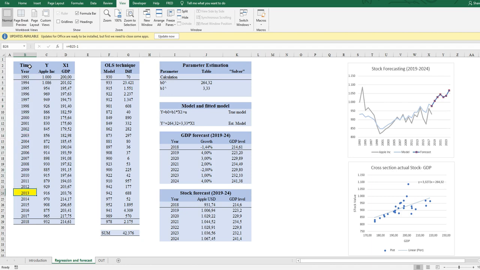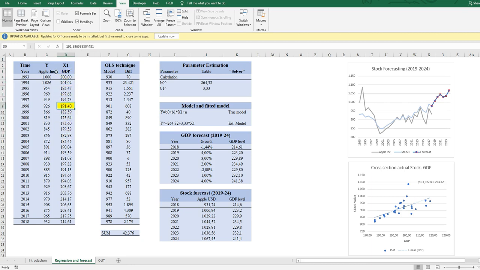Except for the dates, all numbers here are fantasy, more or less arbitrarily chosen, and as you will see, in 2018 the price here is above 900 for Apple, and the price in reality was around 400 to 500. Nevertheless, this is 25 years of history of Apple's price and GDP measured in nominal dollars.